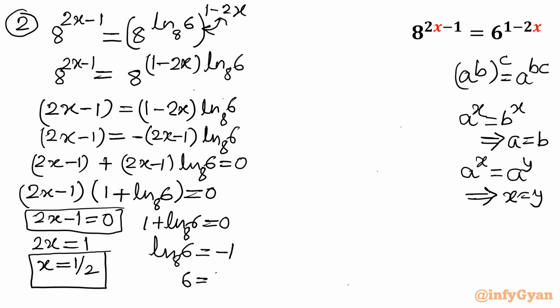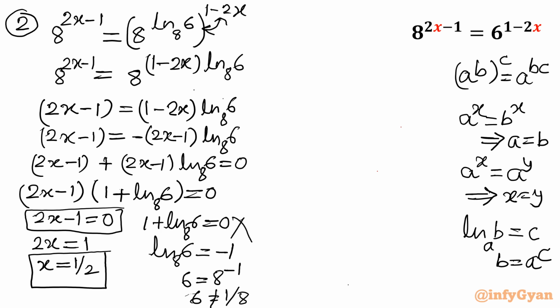In exponent form, by the property log a base b equal to c, we can write b is equal to a power c. So 6 is equal to 8 power minus 1, so 6 is equal to 1 over 8, which is not true. So this is not possible. So your solution is x equal to half.